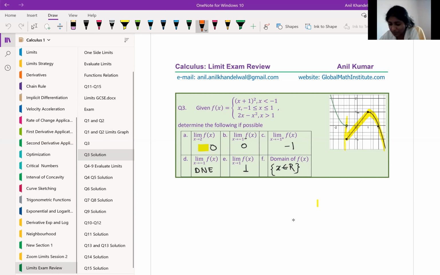So I took the second condition, where x is between -1 and 1. Because of the equal to sign, there should be filled-in points at -1 and 1. Then the top one is x plus 1 whole squared.